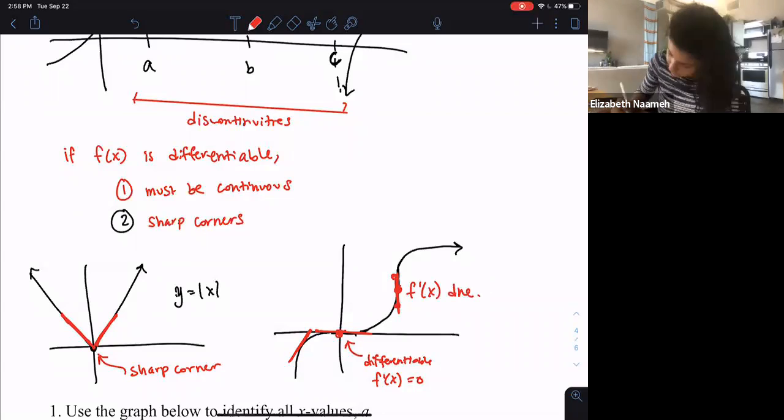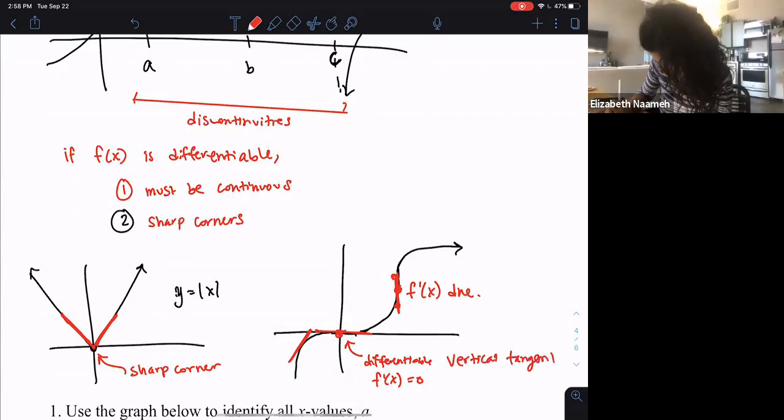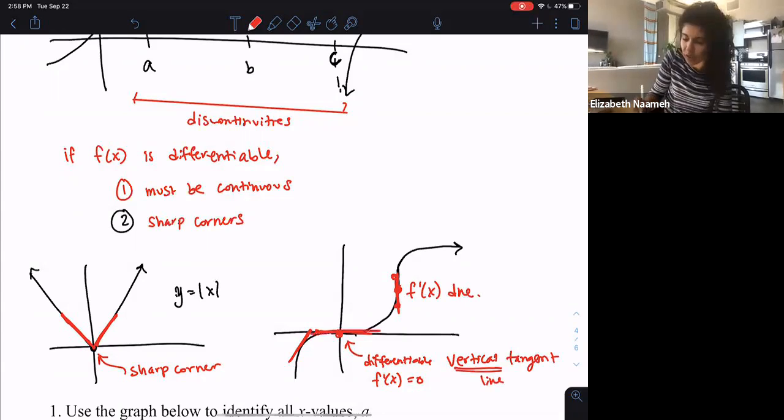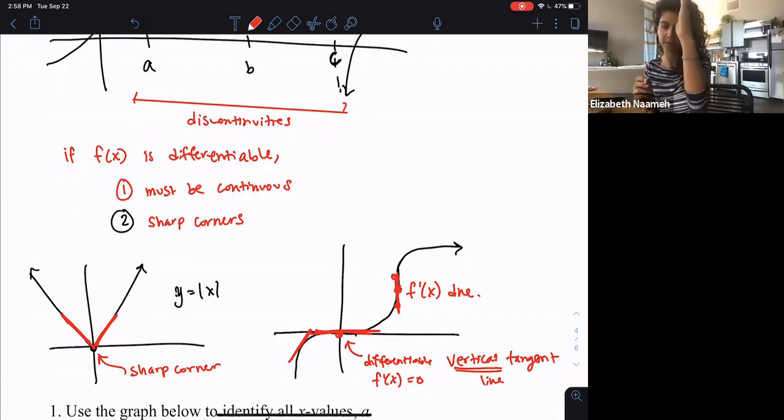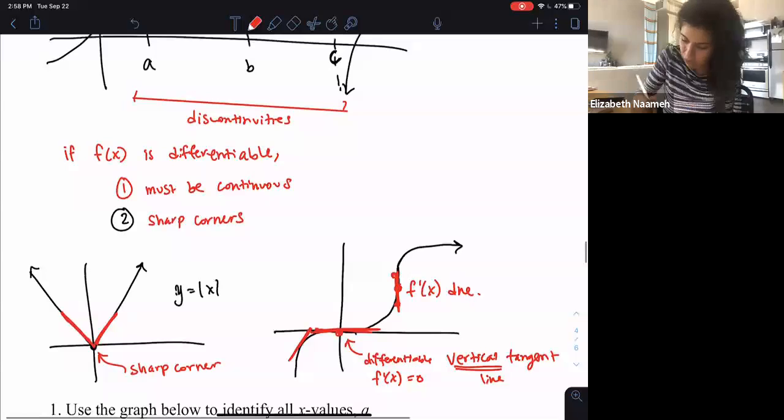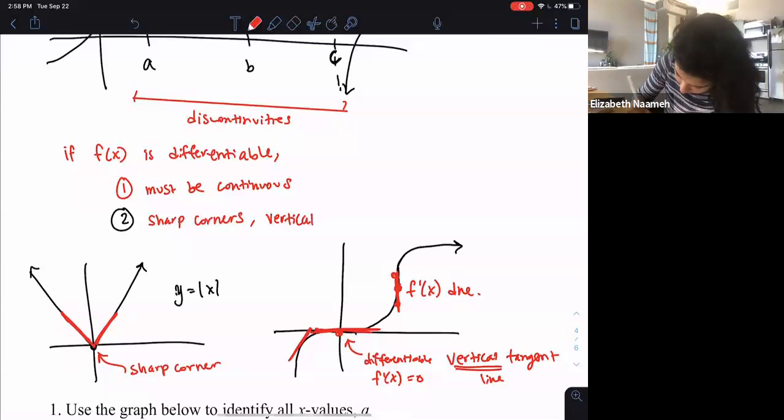So what you're learning is, at vertical tangent lines, the slope doesn't exist. But if the tangent line is horizontal, the slope does exist. Here it's 0, here it does not exist. All right, so sharp corners and vertical tangent lines.